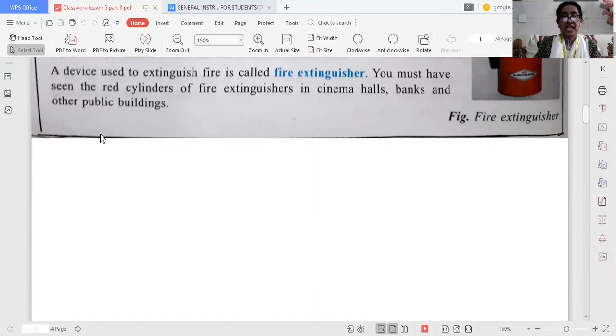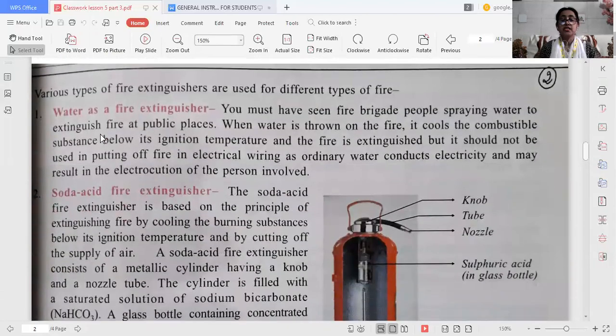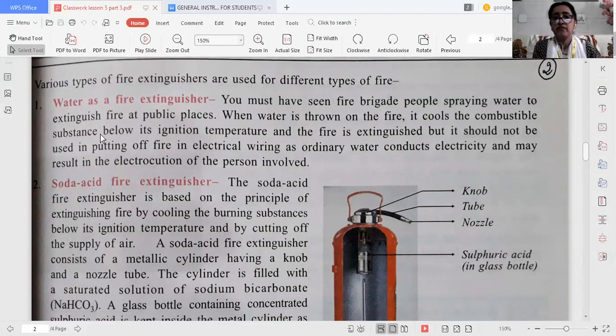Now there are various types of fire extinguishers. Number one, water, which is the most common. Usually people throw water to cut off the supply of air and to lower the ignition temperature, and slowly the fire extinguishes.